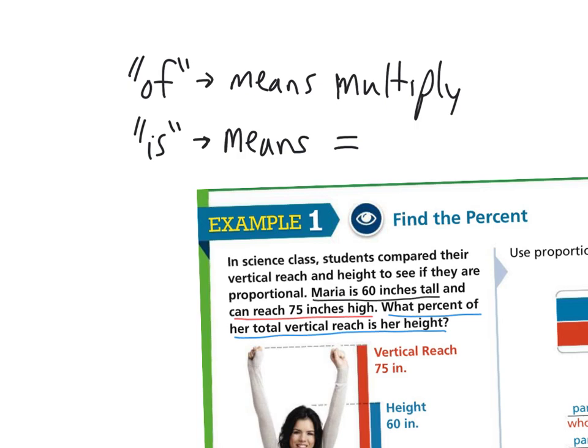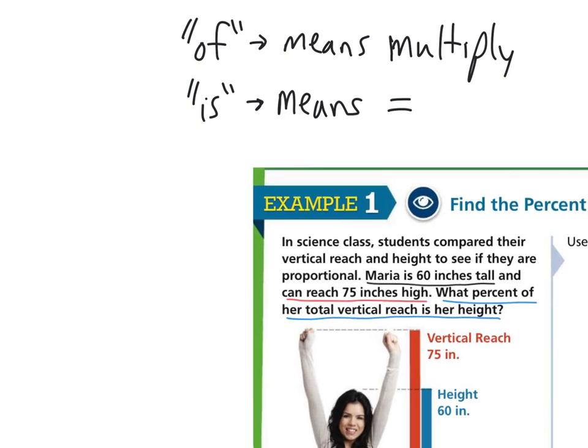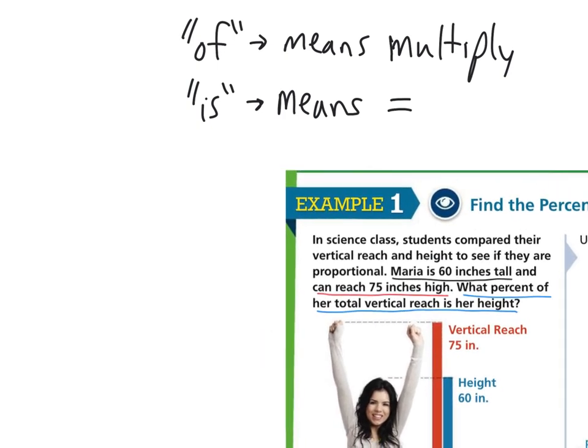If we just remember those things, if you look at this last question here, it says what percent, so that's what we're trying to find. So if you want to do P for percent, of means times her total vertical reach, that was 75, is means equals, her height is 60.